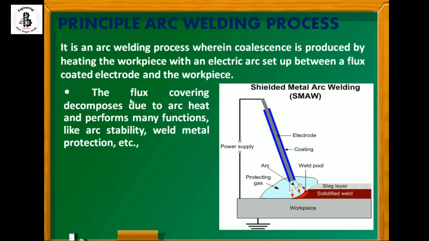The flux covering decomposes due to the arc heat and performs many functions like arc stability and weld metal protection. Here is one more advantage: if you are using a flux coating on the electrode, due to the presence of the flux, it protects against environmental conditions that form oxide in the weld pool.